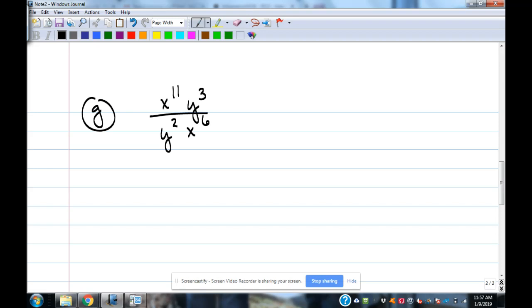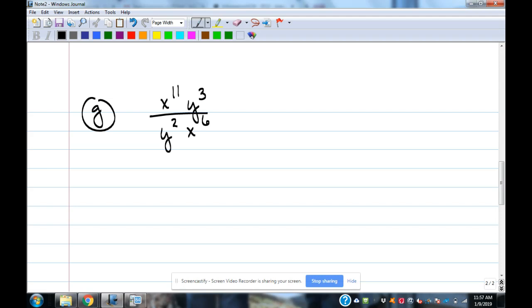Well, they kind of mixed it up a little bit. Didn't put it in the same order. That's okay, because we know multiplication is commutative, meaning, you know, like 2 times 3 is 6, just like 3 times 2 is 6. No matter what order you do it in, it's the same thing.